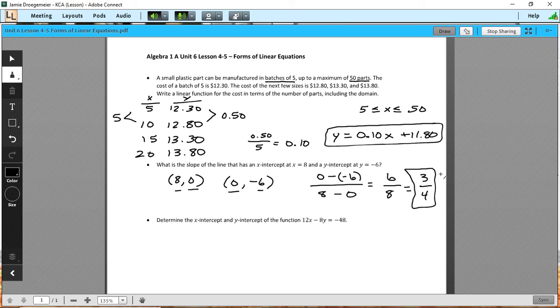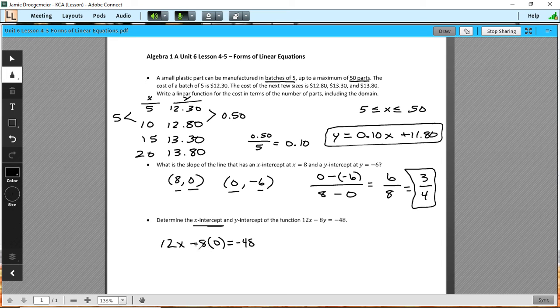All right, our last one here says determine the x-intercept and y-intercept of our function 12x minus 8y equals negative 48. All right, well, to find an x-intercept, you can look back at our last problem. X-intercept always has a y value of 0. And so to find that x-intercept, I'm going to plug in 0 for y and solve this equation.